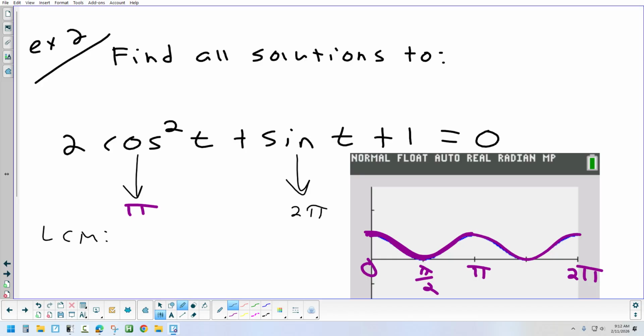What's the least common multiple of 1 pi and 2 pi? A least common multiple can't be smaller than any of its individual values that we're using to figure it out. So like if I said, what's the least common multiple of 5 and 7? It couldn't be 6, because 6 is smaller than one of the things I'm trying to use to figure it out.